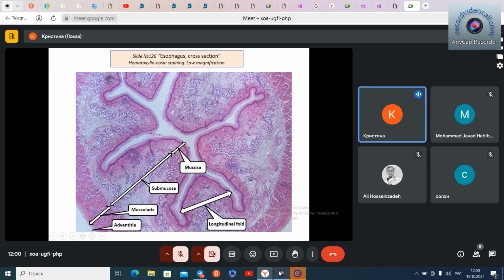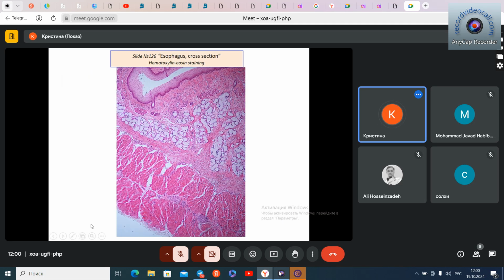It contains loose fibrous connective tissue with large blood vessels, nerves, lymphoid tissue, and secretory portions of the esophageal glands proper. Here we see their secretory portions, and here the ducts, which lead to the surface of the epithelium. In the muscularis externa, we have two layers, inner circular and outer longitudinal. Externa is here adventitia. The same we see here.